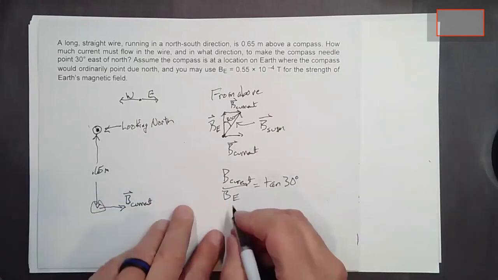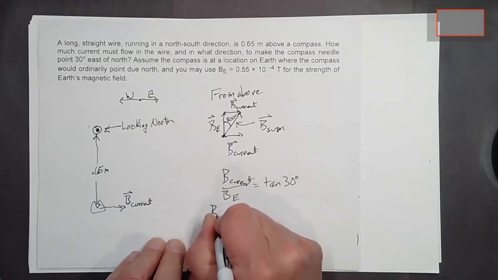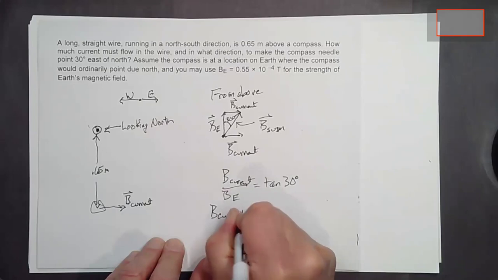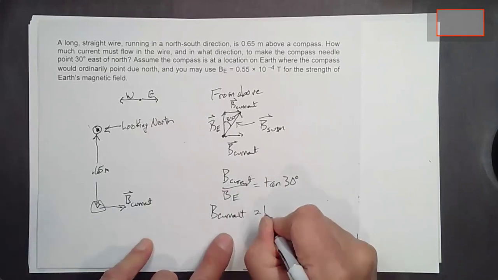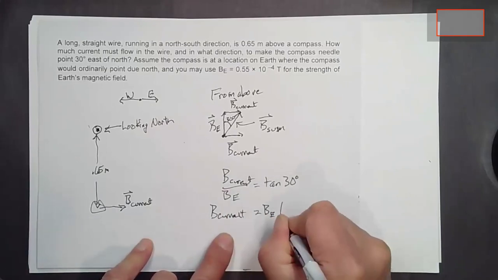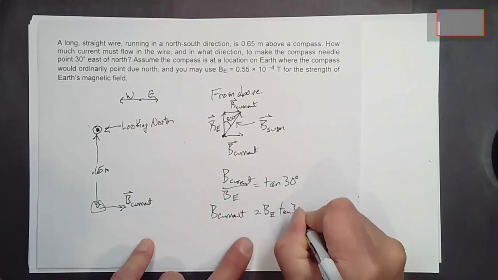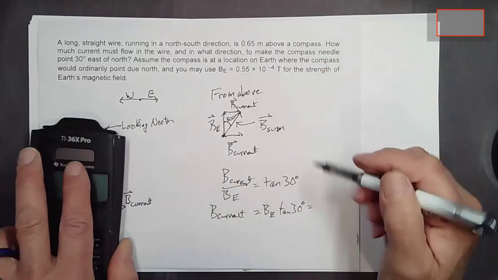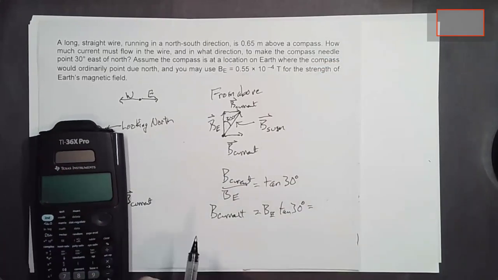That means B current is going to equal B sub E times the tangent of 30. I'm just going to take B sub E and multiply it by the tangent of 30.